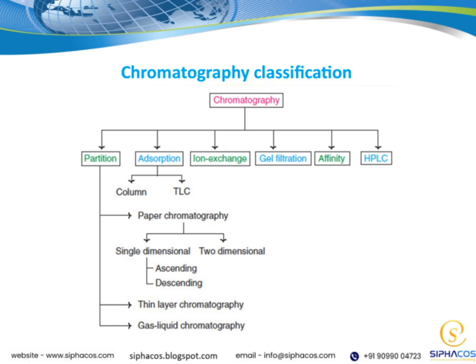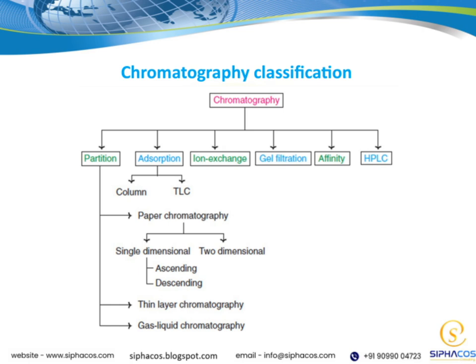For instance, paper and thin layer chromatography are often used for quick, qualitative analysis in labs or educational settings. Gas chromatography is ideal for volatile compounds, while liquid chromatography, including HPLC, is versatile and used extensively for complex mixtures. Understanding these classifications helps us choose the right method for our specific analytical needs.